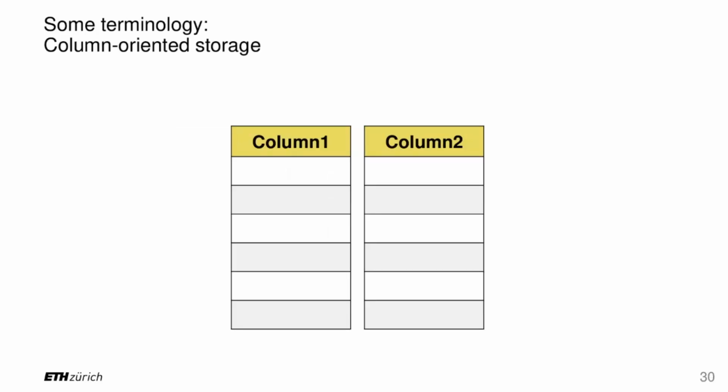So column-oriented storage. For those of you who visited Information Systems for Engineers, you might remember that PostgreSQL stores the data on disk of the tables in a row fashion, meaning that if you look at the content of disk, you will see one row and then another row and then another row, right?